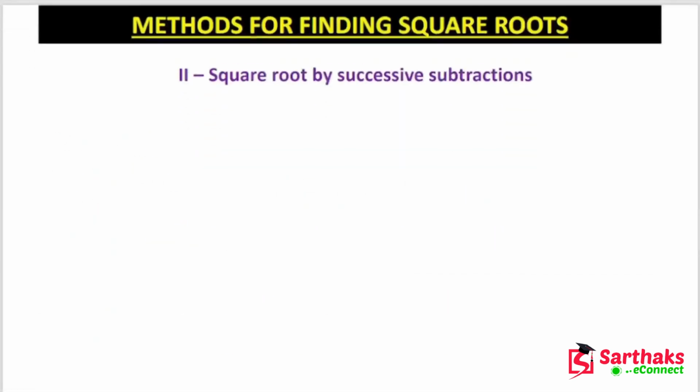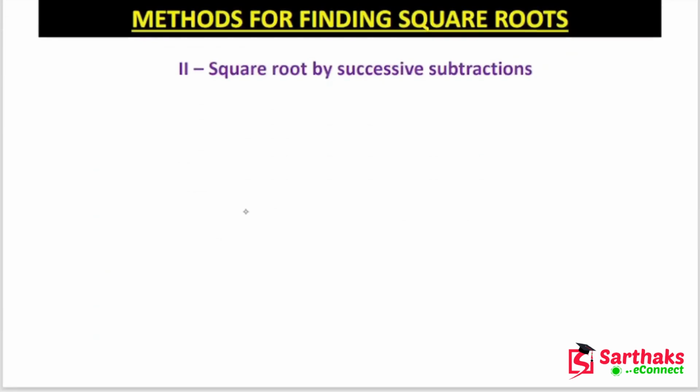Now let us talk about the second method, which is square root by successive subtractions. I have discussed this method a bit when I was talking about the properties of square numbers, that squares are nothing but the sum of first n odd numbers, right? So using this particular property, we can find out the square roots also. Okay.